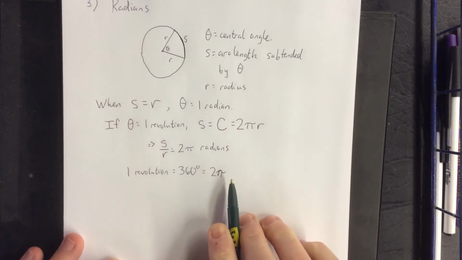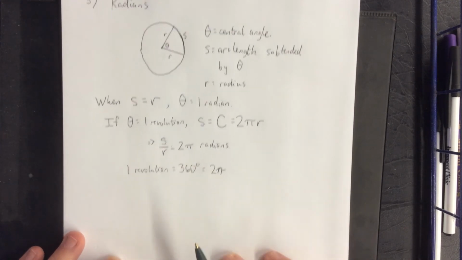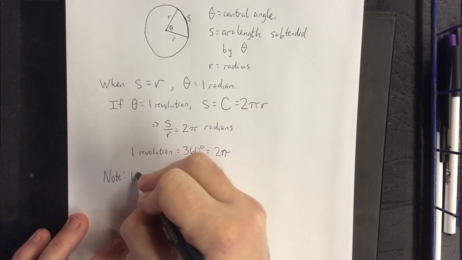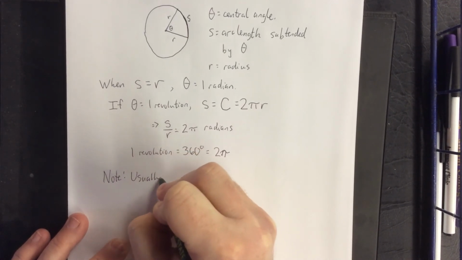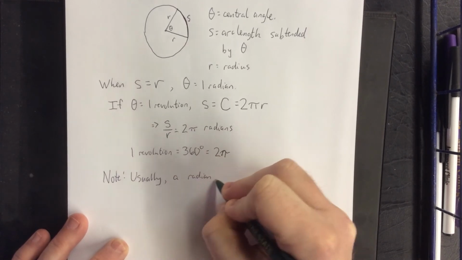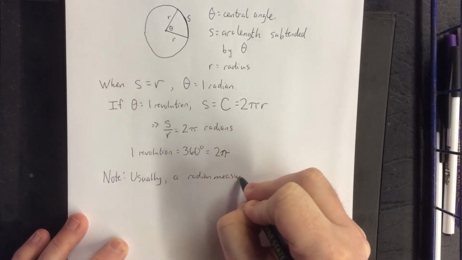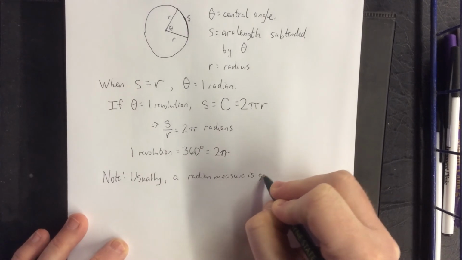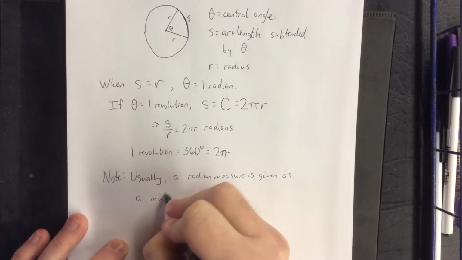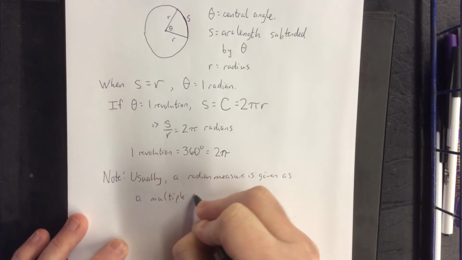Now, if I don't write a symbol after the measure of my angle, you may assume that I am talking about radians. So one quick note here. Usually, a radian measure is given as a multiple of pi.